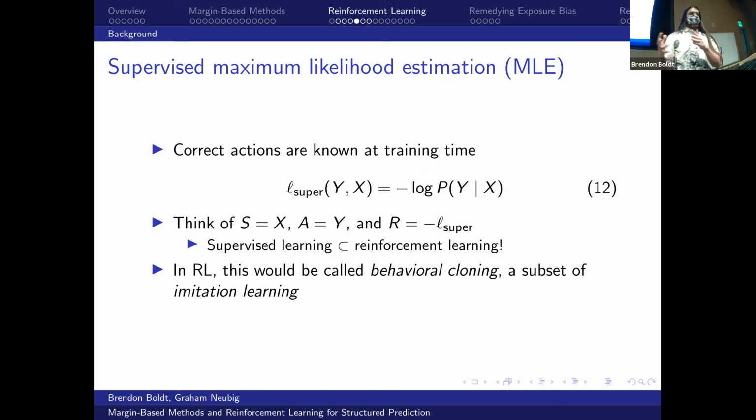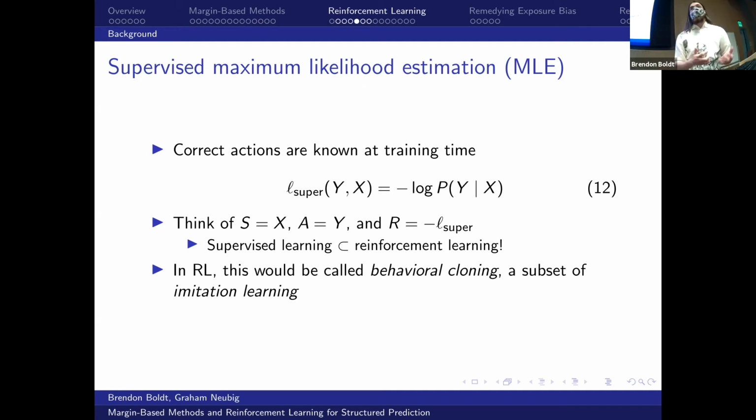You can think of this as: the state is equal to X, the action is equal to Y, and the reward that we're trying to maximize is the opposite of the loss, because we're trying to minimize loss. In this instance, supervised learning is a subset of reinforcement learning. In reinforcement learning, we call this behavioral cloning, which is itself a subset of imitation learning.